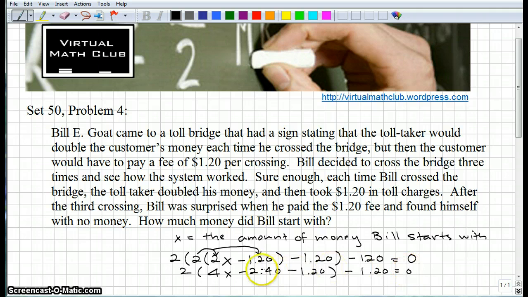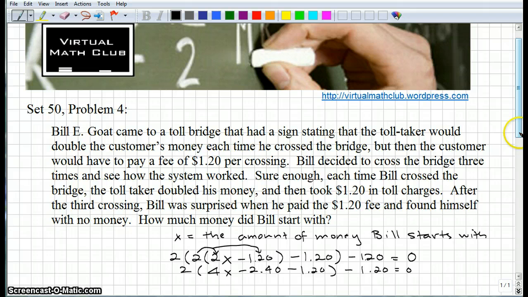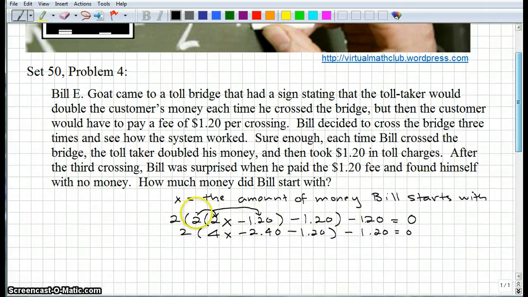Okay, we're just simplifying this equation. Okay, we can keep going, and we can distribute this 2. We have distributed all the way through. Okay, so we'd have to distribute it to that as well.